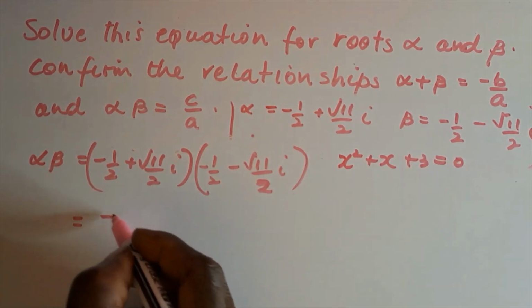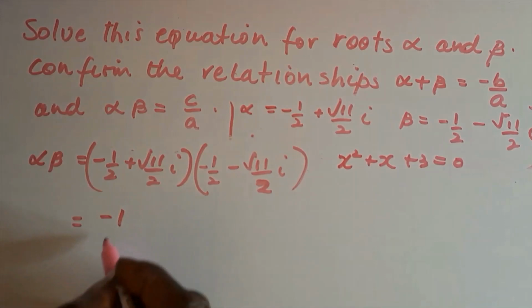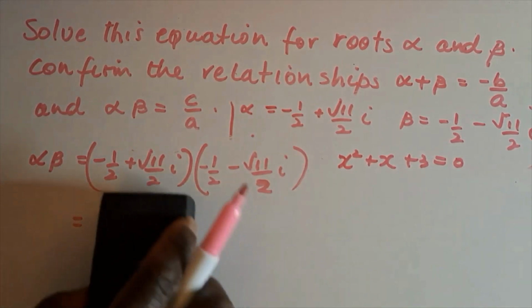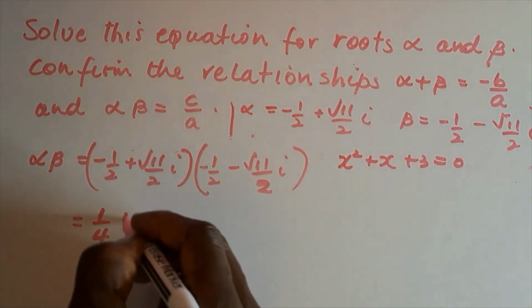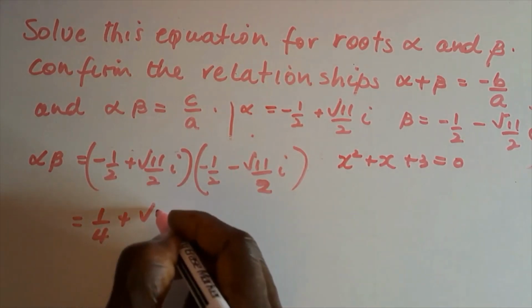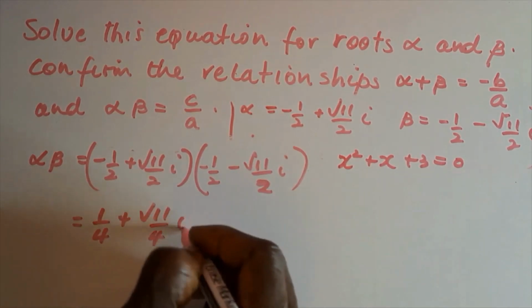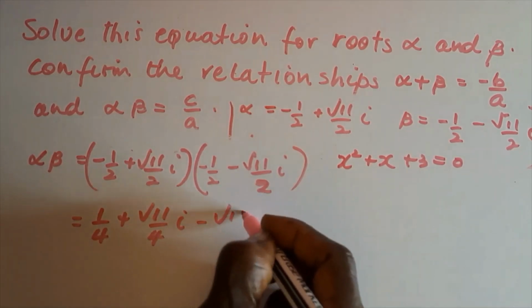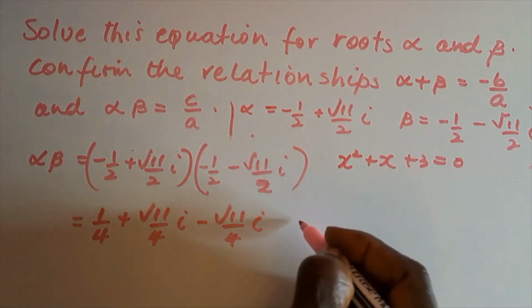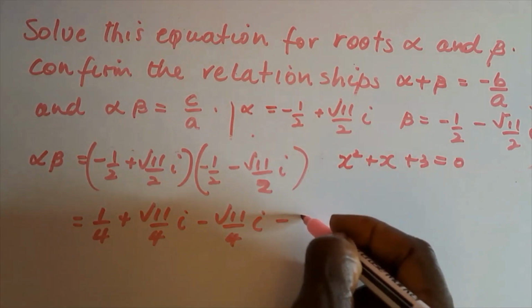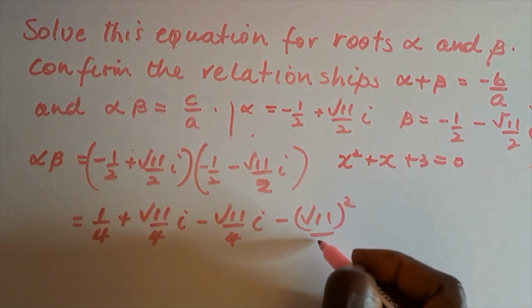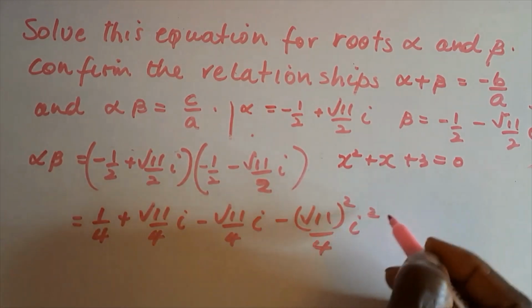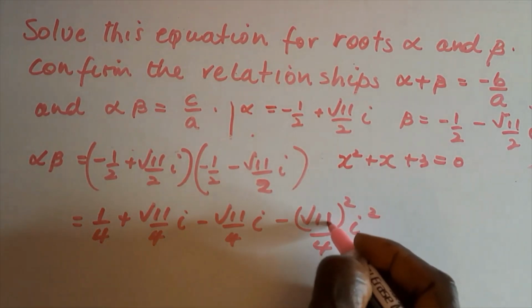This evaluates to, no, not minus, we have a quarter first, plus a quarter, add root 11 over 4i, minus root 11 over 4i, minus root 11 squared over 2 squared, which is 4i squared. Well, root 11 squared is 11.